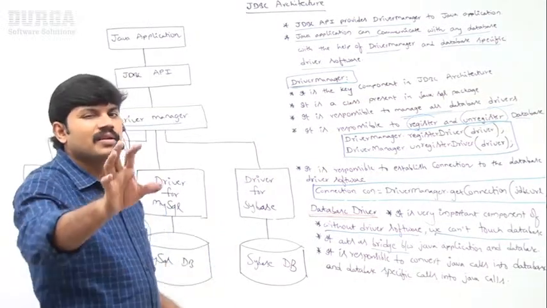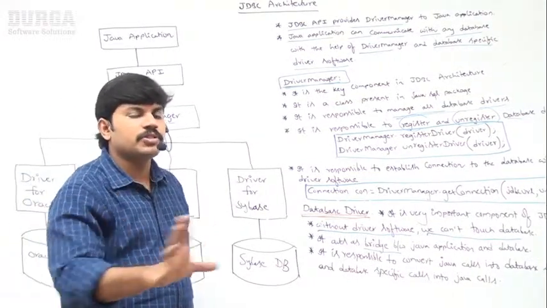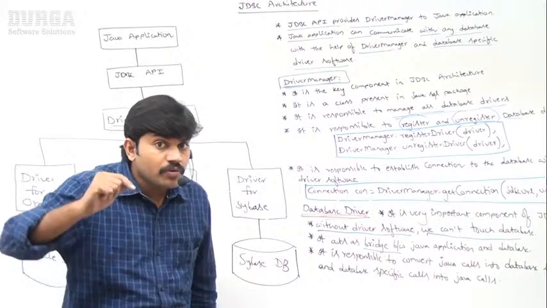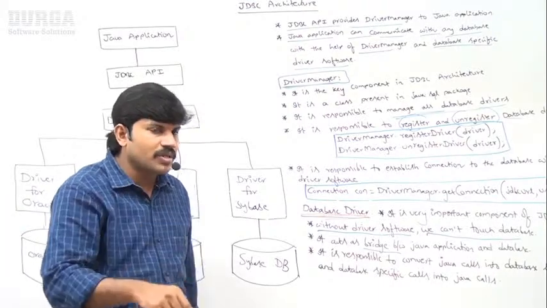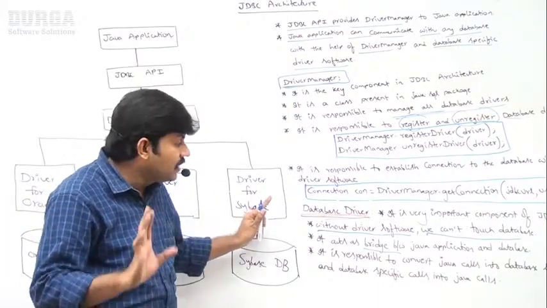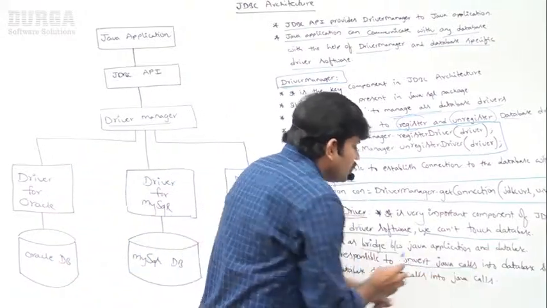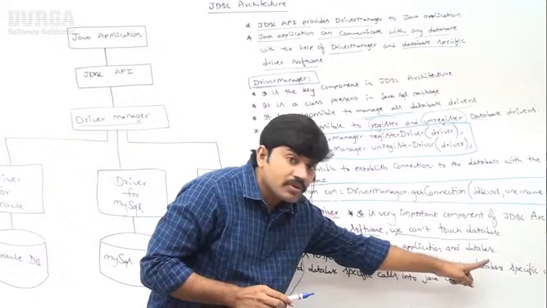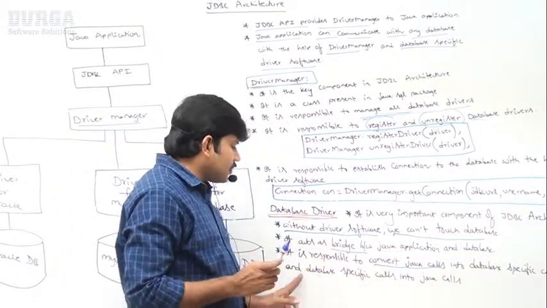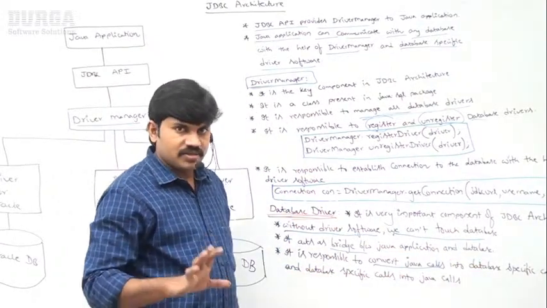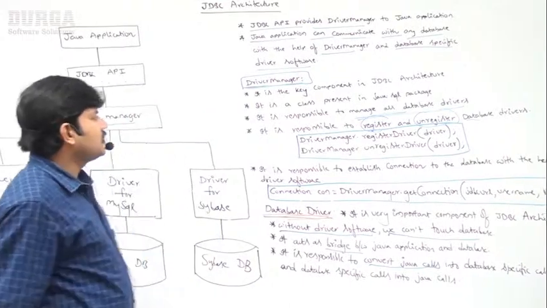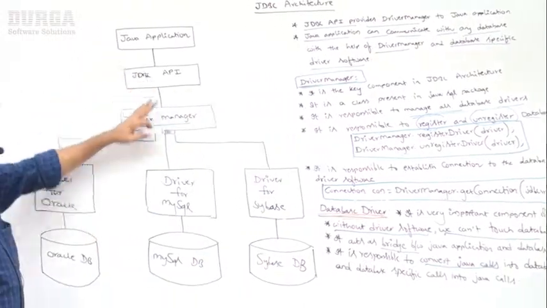The driver manager is the dummy person which is responsible to manage all drivers. But the original worker who is going to do the work is the driver software only. Remember that. It is responsible to convert Java calls into database specific calls, and database specific calls into Java calls. Clear, right? Okay. So that's all about JDBC architecture.